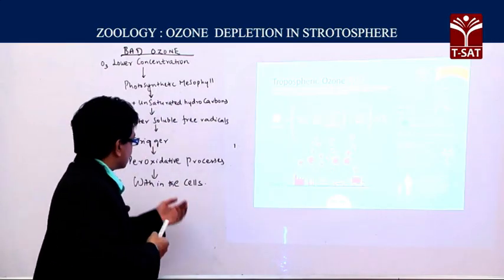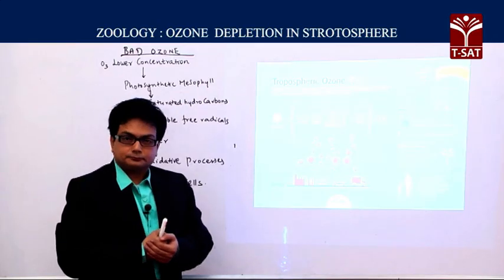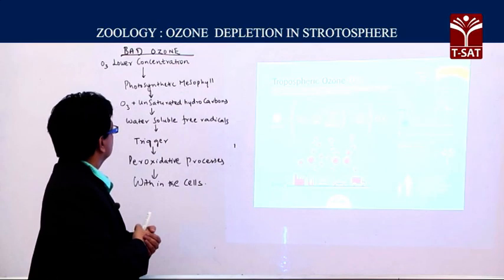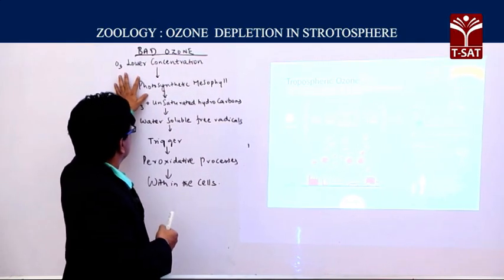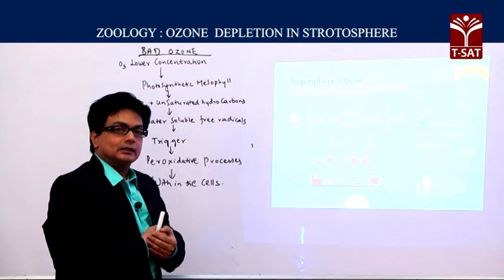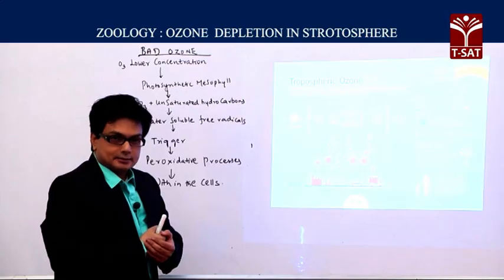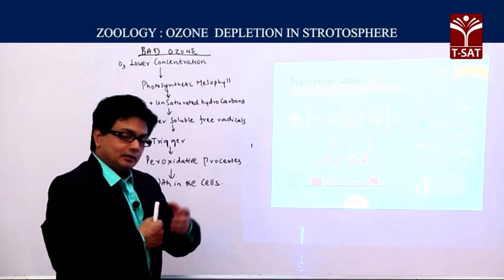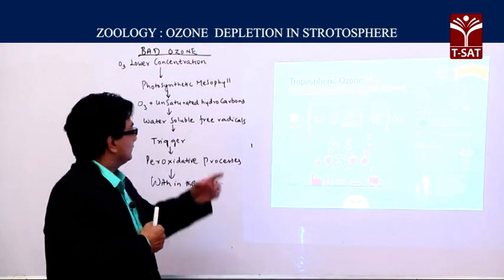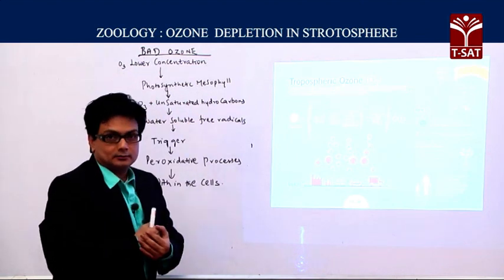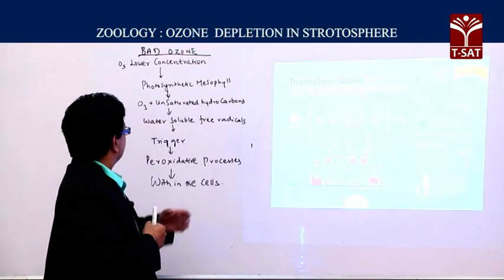There is a sequence for this. At lower concentration, ozone would certainly affect the plants. We know that within the leaf there is an area where photosynthesis takes place, and we call it the mesophyll. The photosynthetic mesophyll cells are certainly affected.